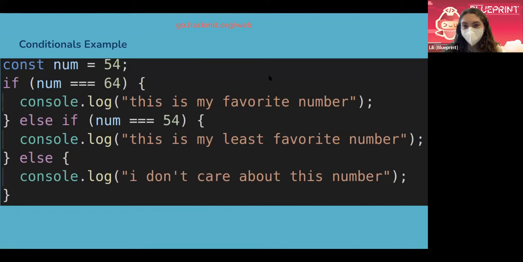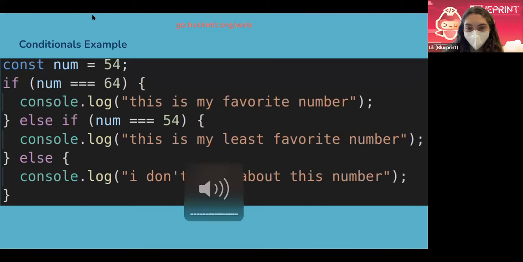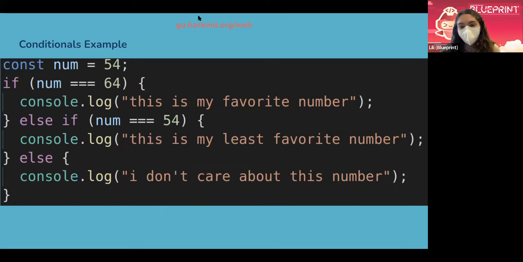The question in the chat is, can we define a class of objects and instantiate, or is that the only way to declare objects? I know that JavaScript is technically an object-oriented scripting language, so you can have classes.